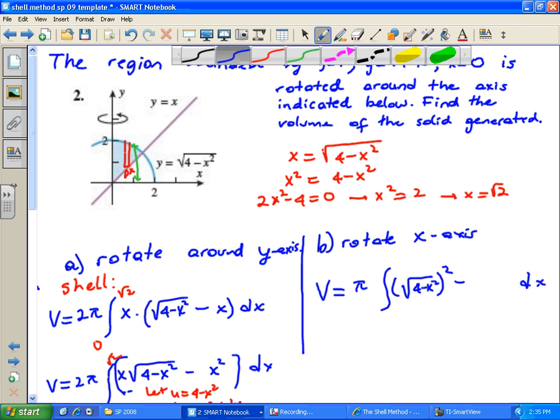Our inner radius is this distance, which is the line. Again, it has to be squared. And the limits come from the x-axis. So when we square the radical, we lose the square root sign.